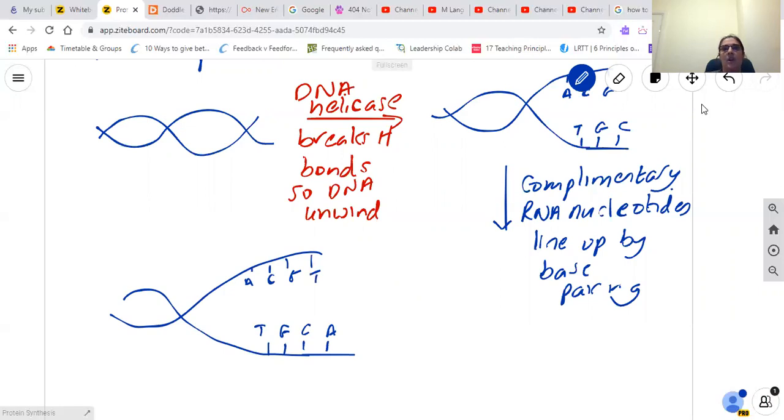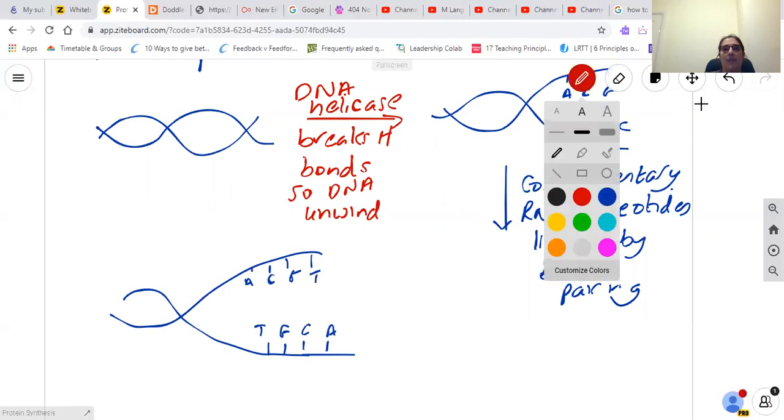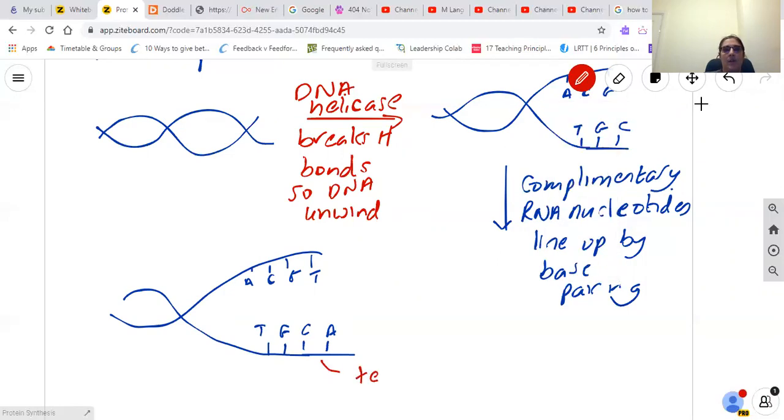The complementary RNA nucleotides will come and line up, but they will only line up along one strand, which can be called the template or sense strand. So the nucleotides will line themselves up. You've got A, you've got C, you've got G, and of course you have U instead of T.